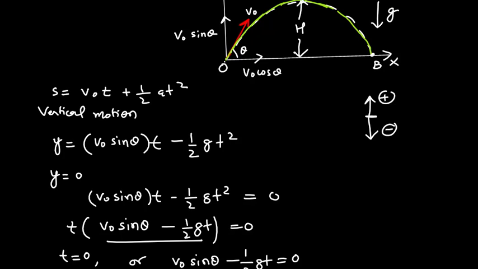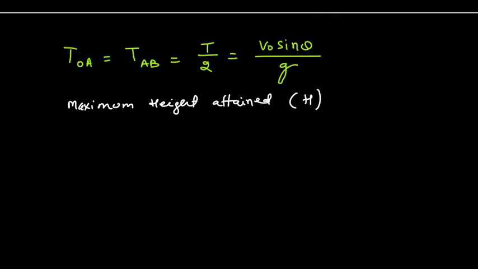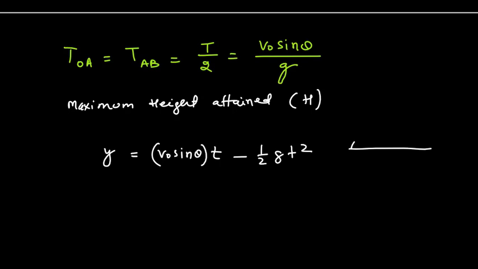So let's use the same equation where y is equal to v naught sine theta t minus half gt square. Well, the projectile was here, and it is ascending, and it goes here. So O to A, from this point to this point, this is the time taken by the projectile.